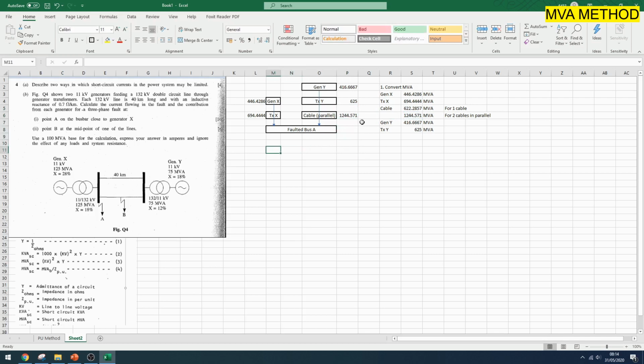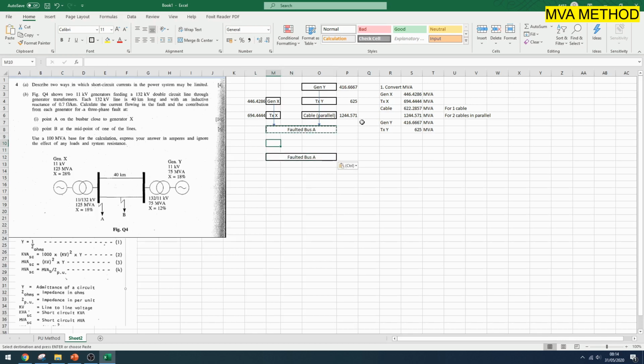So let's reduce that. You have your faulted bus somewhere down here, so you need to reduce these two and these three. These two are in series, so we do it like resistors in parallel: this one times this one divided by this one plus this one. So that is our value here.